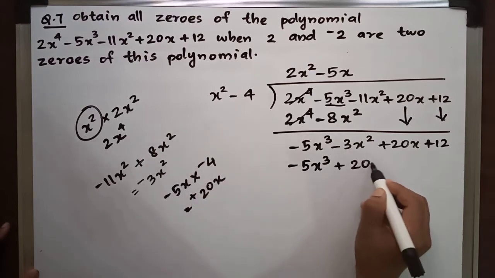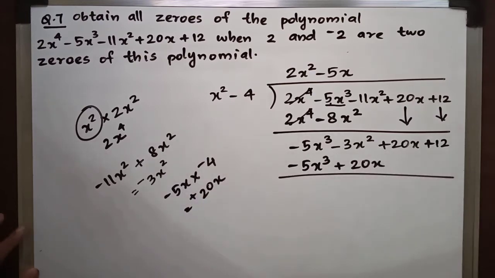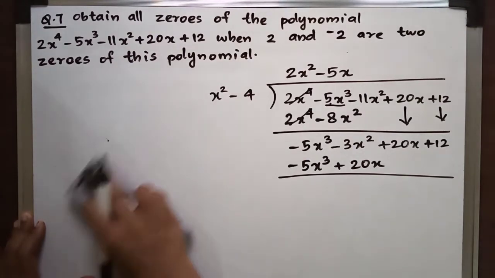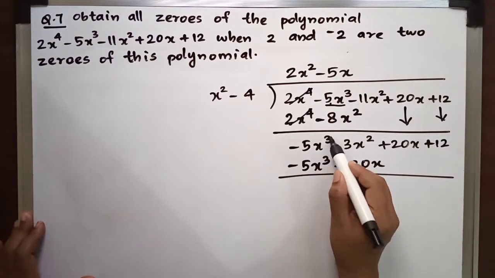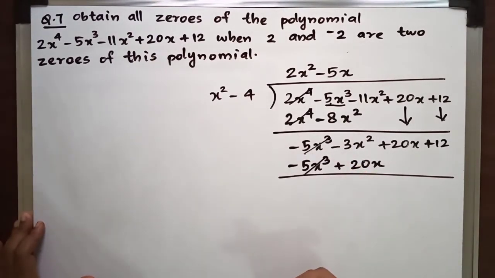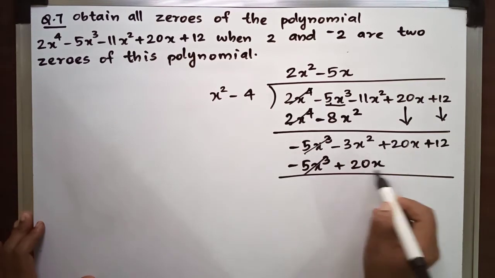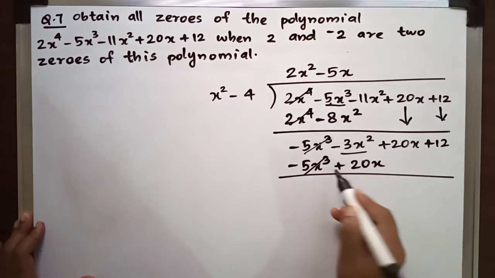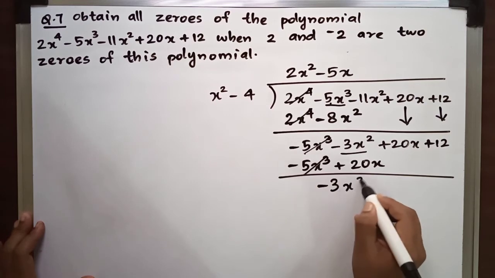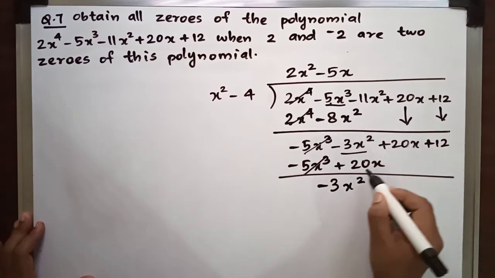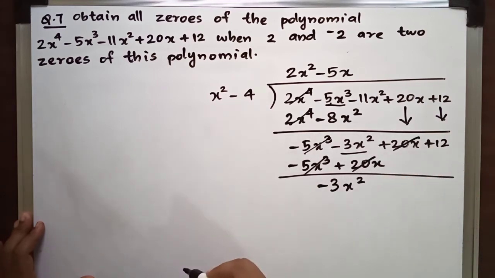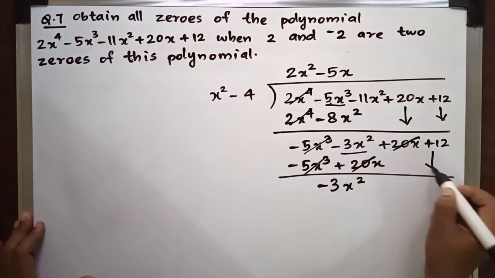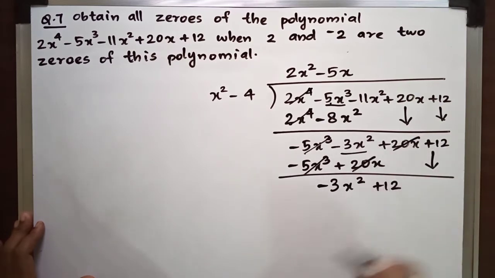Now we are going to subtract. These two terms will get cancelled. Now here there is no x square term, so this will come here, minus 3x square. Now 20x and 20x will get cancelled and plus 12 will come here.